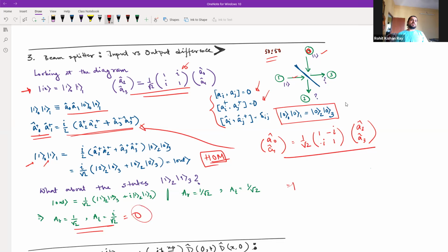Since they sum up to 0, this kind of expression is a form of destructive interference. So this effect, in cooperation with the Hong-Ou-Mandel effect, explains why there is this bias in the distribution between the input and the output.